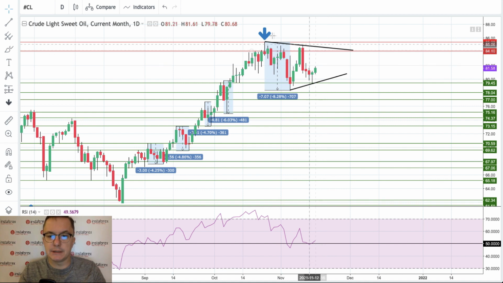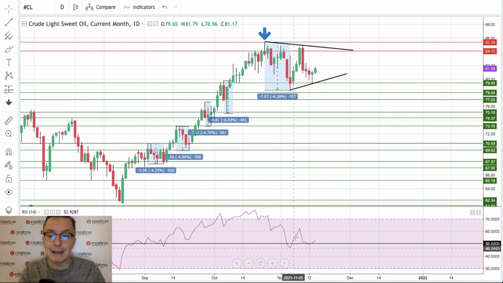And please remember that this pattern, if this is the triangle pattern, of course, it is a continuation pattern, so we should expect higher prices of crude oil as long as the level of the low of the 4th of November, which is around the level of 78.26, is not clearly violated.